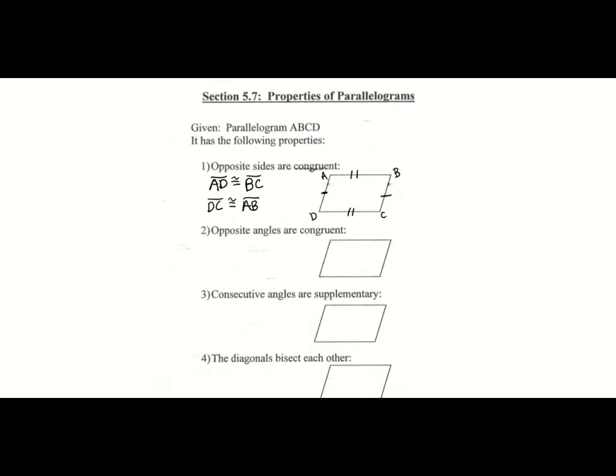We also know that the opposite angles are congruent. So if we look at A, B, C, D down here, we know that A and C are congruent. And D and B are congruent.